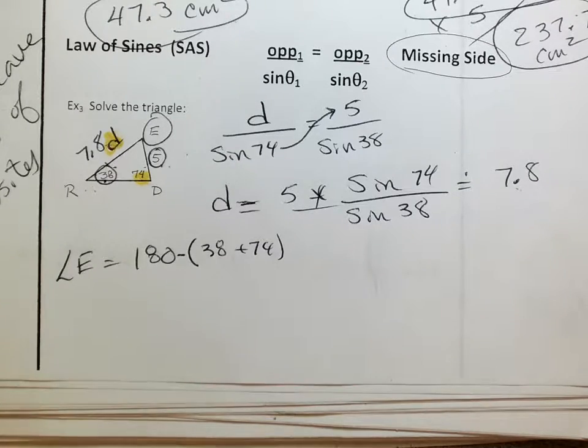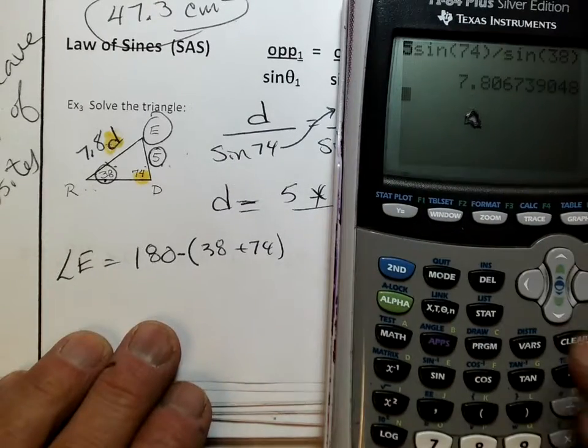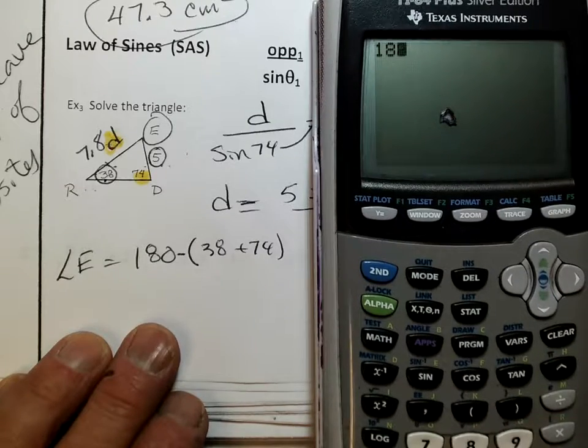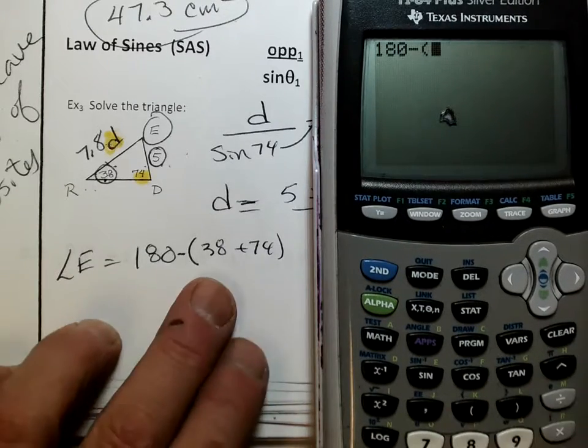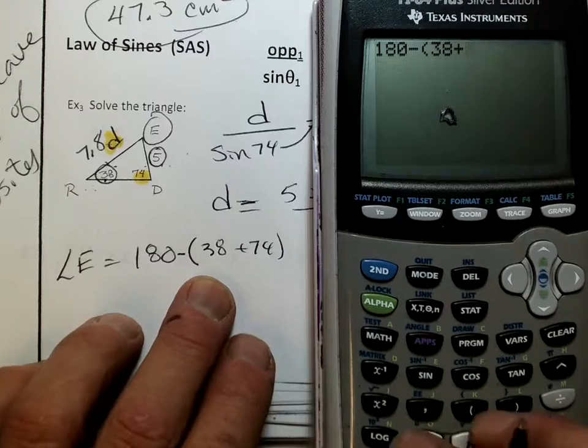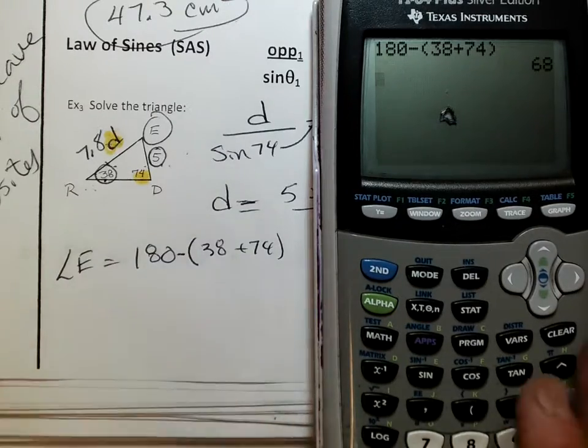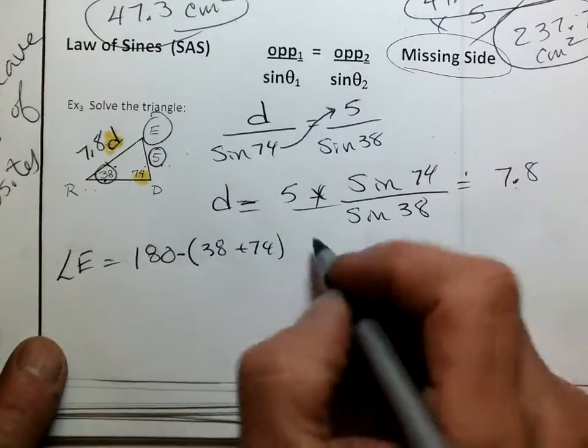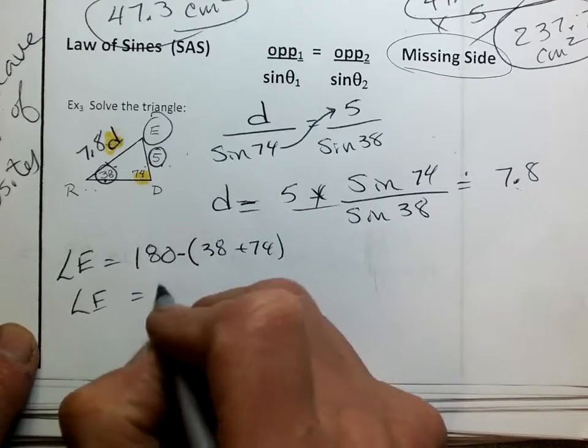That's just geometry stuff. So 180 minus 38 plus 74, I get an angle of 68, so angle E is going to equal 68 degrees.